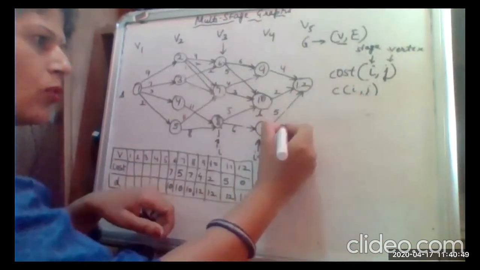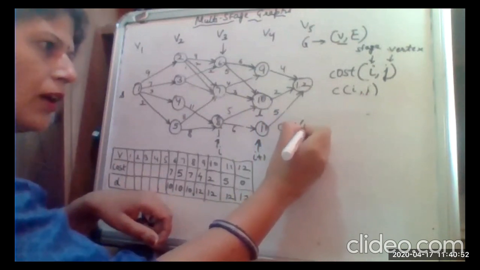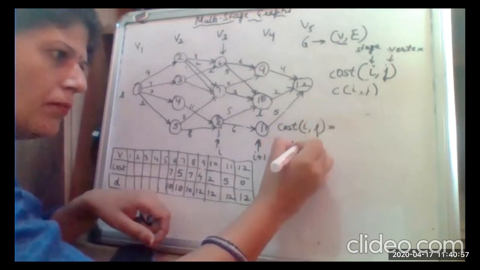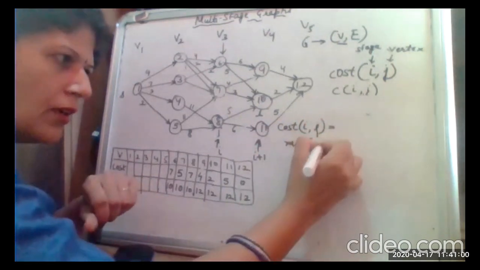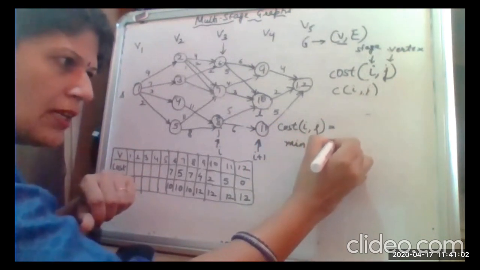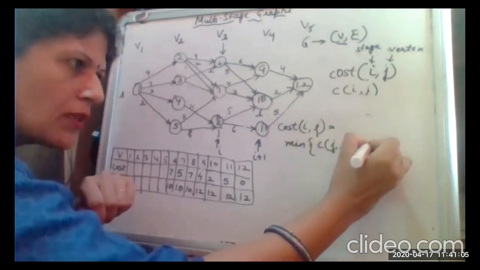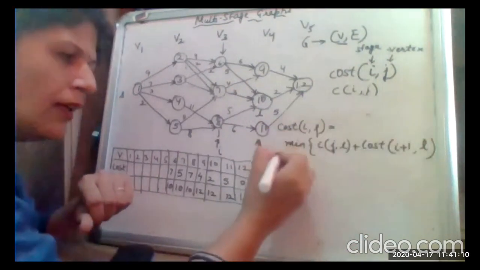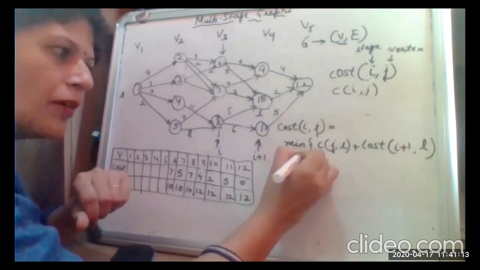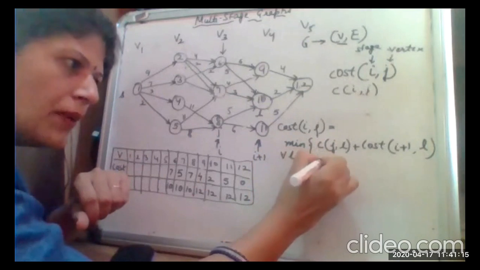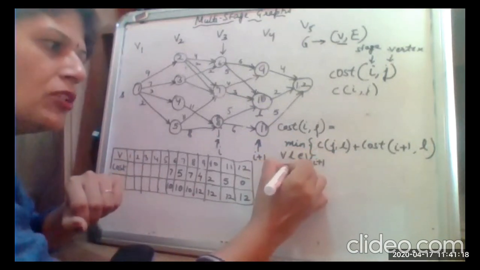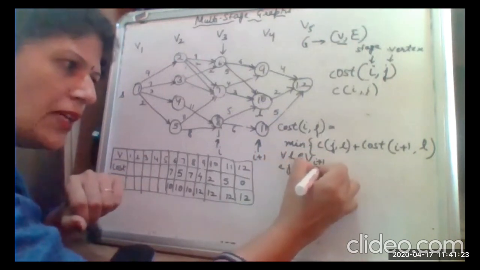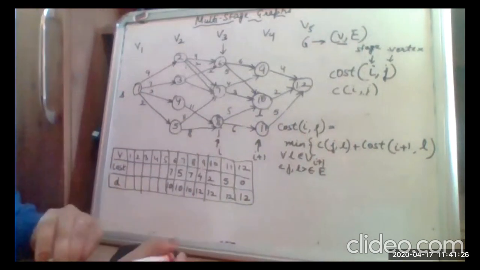Okay. So cost of ij is equal to minimum of Cj, comma L plus cost of I plus 1 L, where all L belongs to Vi plus 1, such that J, comma L is the edge belonging to the set E. Fine.